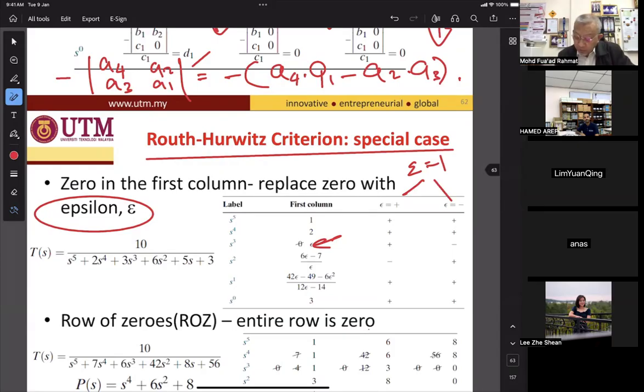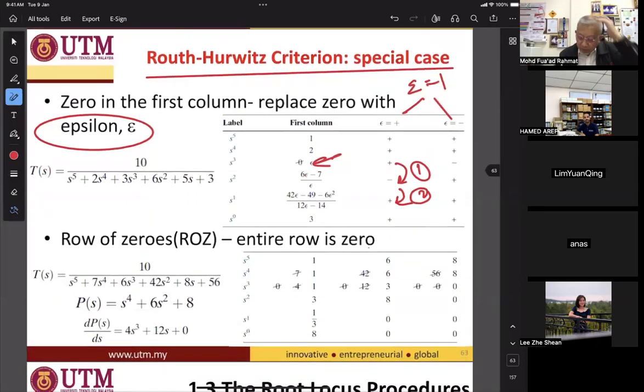For example, in this column, positive, positive, no change, positive, positive, no change, suddenly positive, negative. So we have one sign change, then negative to positive is the second sign change, then positive to positive, no sign change. So we have two sign changes, meaning two poles on the right plane.